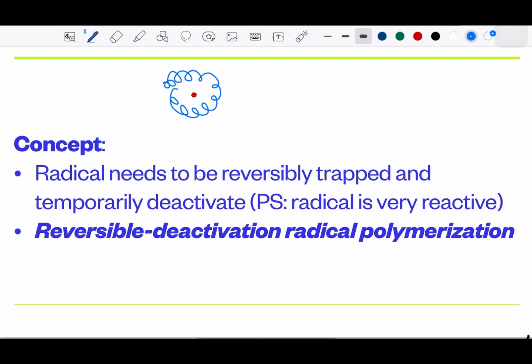So we need to make maybe a shielding of the radical. And then to activate, we need to react something with this shield to make the shield open. So we can say this is what we call reversible deactivation radical polymerization.